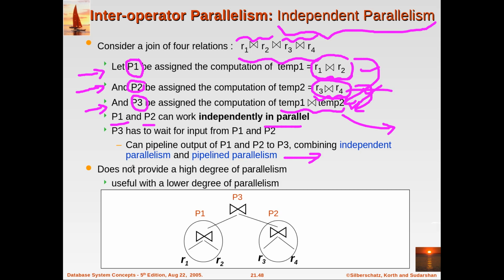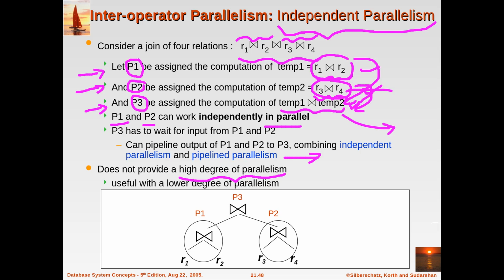The problem with this is that it does not provide a high degree of parallelism, because most of the time most of the operations depend on one another, and we also always require more processors to execute more operations in parallel.